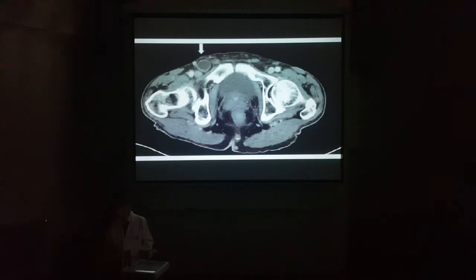Acetabulum. Right? This is part of the head. This is the neck of the femur. This is the greater trochanter. This is the iliac bone. This is the pubic symphysis.